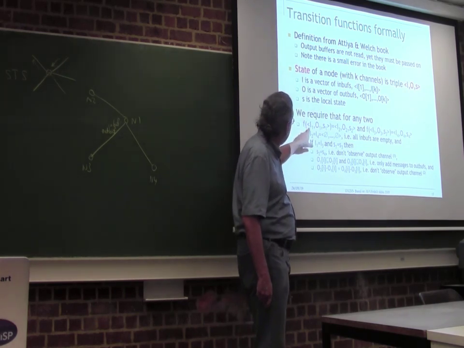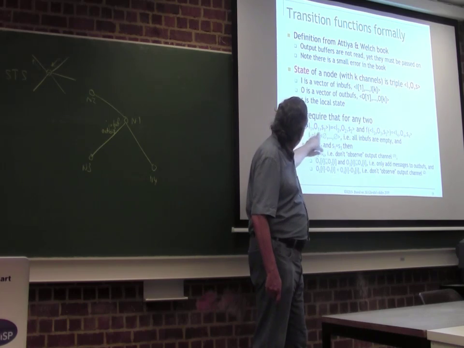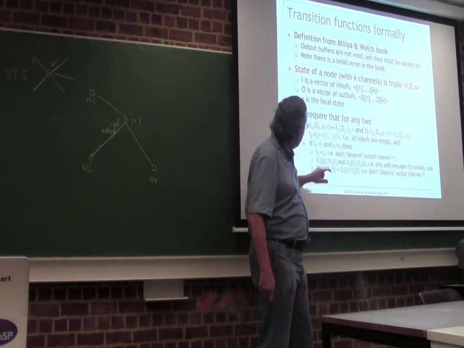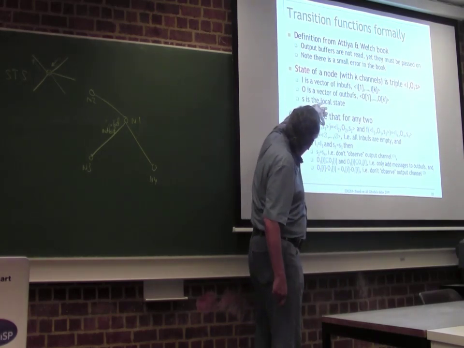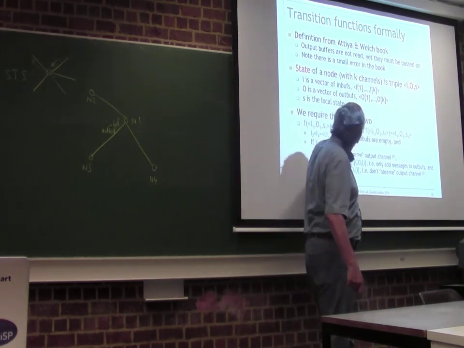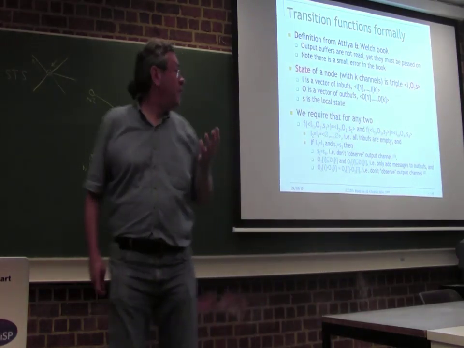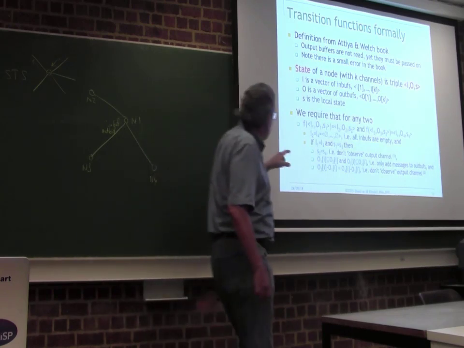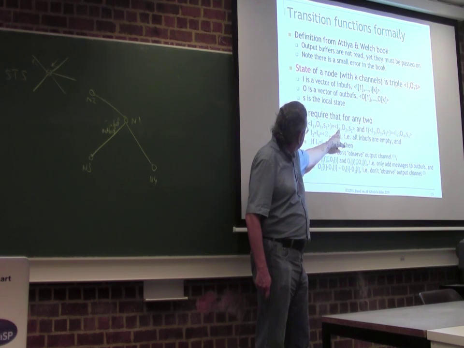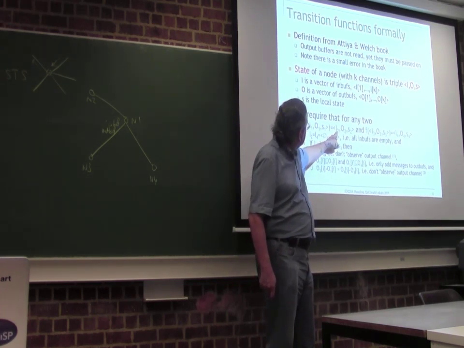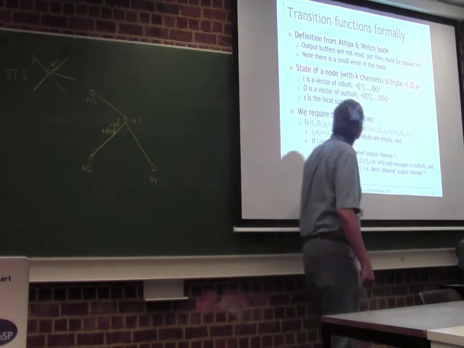That means if we have two transitions, from triple 1 to triple 2, and F of triple 3 to 4, if these two triples are similar, then the output will be similar. So it's a little bit tricky because of the out buffs. So what we can say, first of all, is that the transition will read the in buffs. So I2 will be empty, and I4 will also be empty.